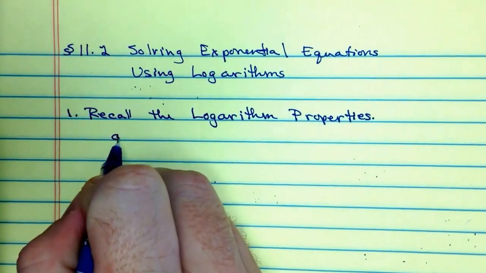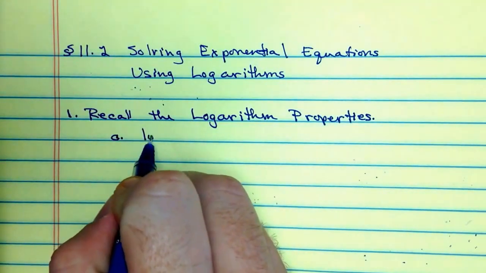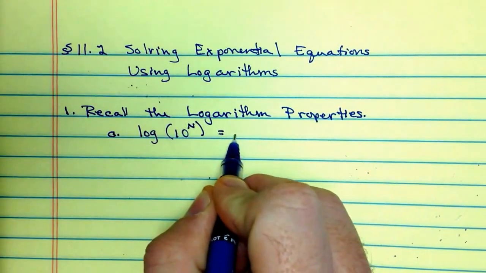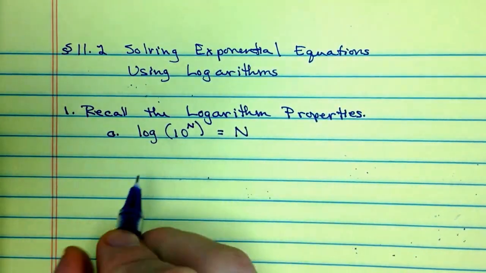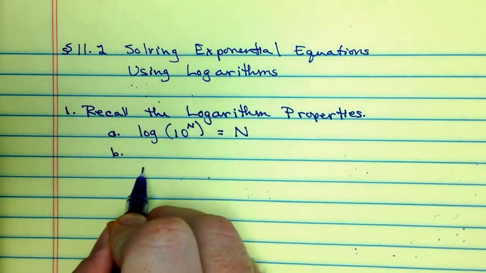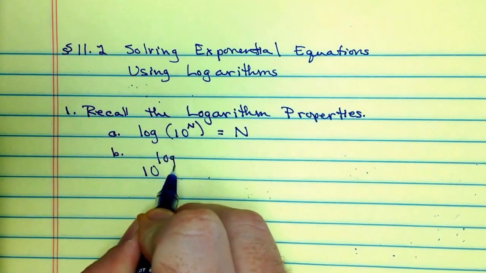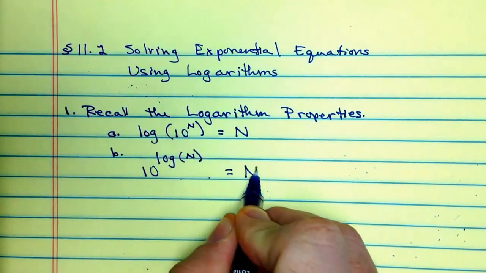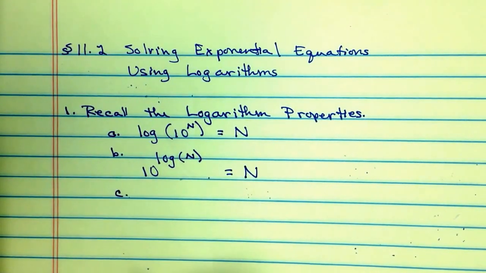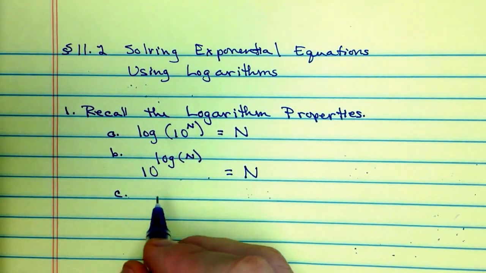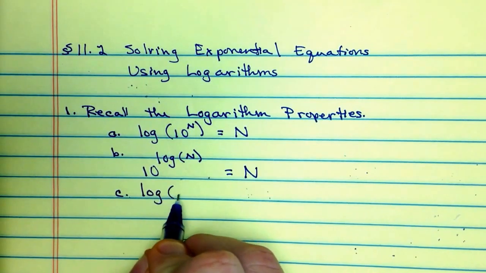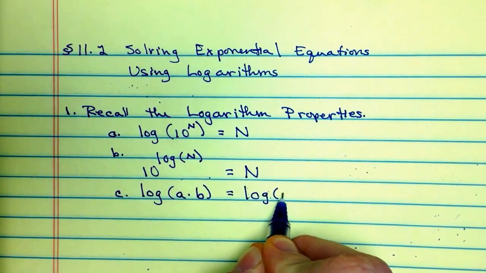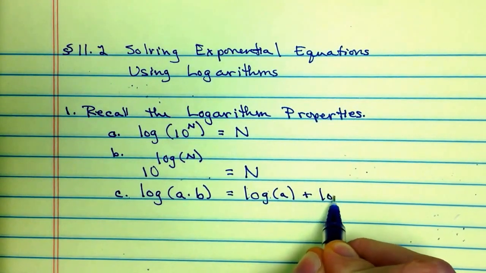Alright, so little a, remember what was the first one? We said log of 10 raised to the n equals n. Little b, we said 10 raised to the log of n equals n. Little c, we said the log of a times b is equal to log of a plus log of b.